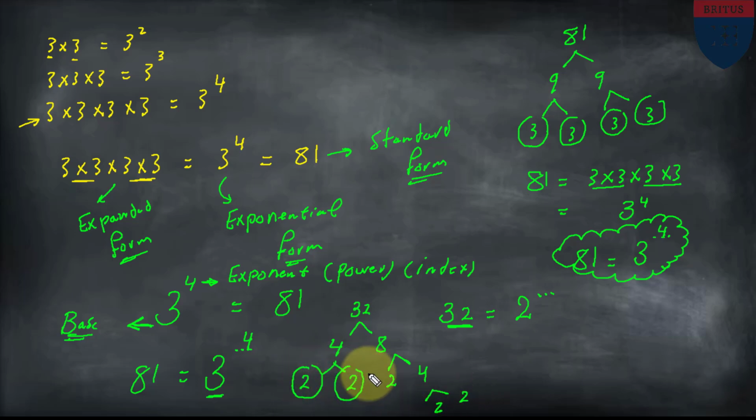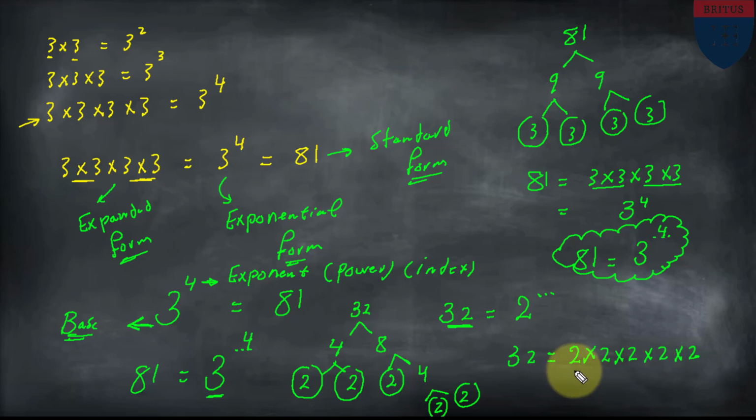2, 2, 2, 2, 2. Now, 32, we can write it as a repeated factor of 2, or the repeated multiplied number is 2. So we can write it as 2 times 2 times 2 times 2 times 2.